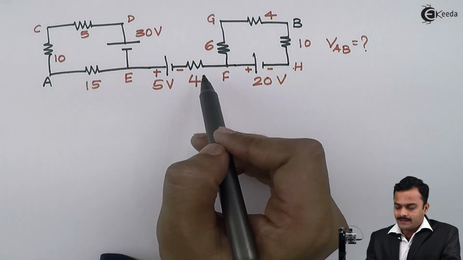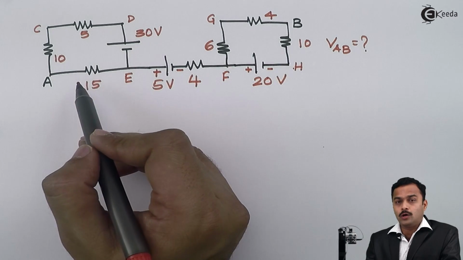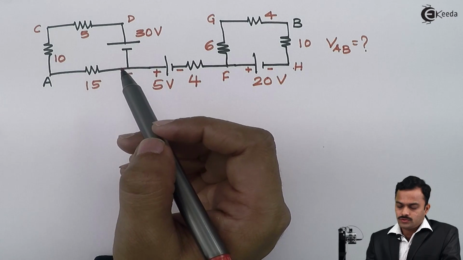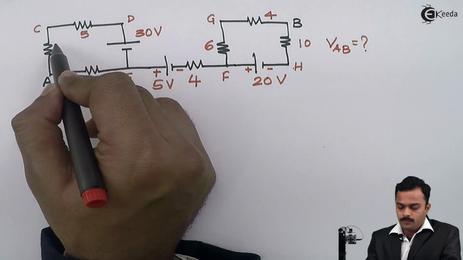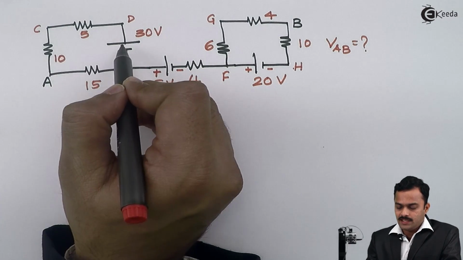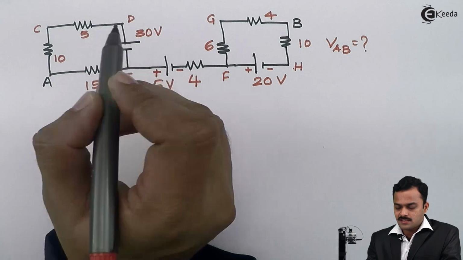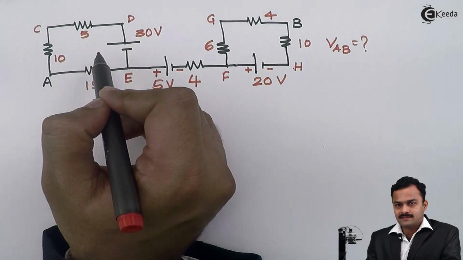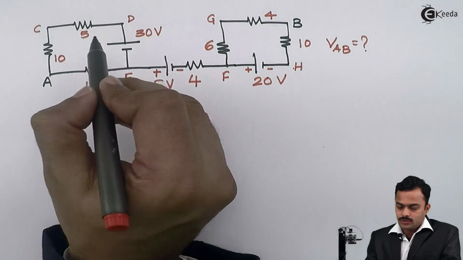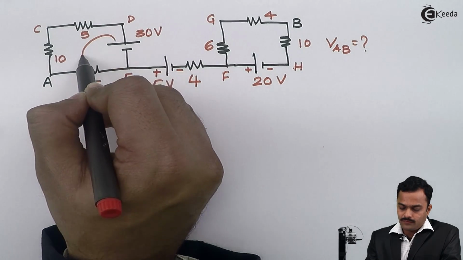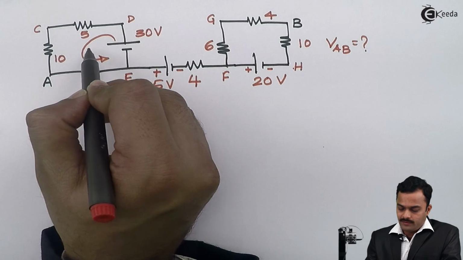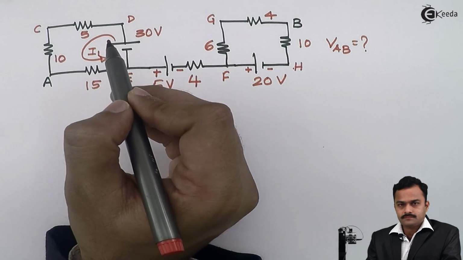Now for the resistances, I need to find out the current flowing through them. So I will consider this loop to get a current, because here I am having one potential source and the remaining resistances connected in series. So I'll consider the current will flow like this, and I will mark it as, say, I1.